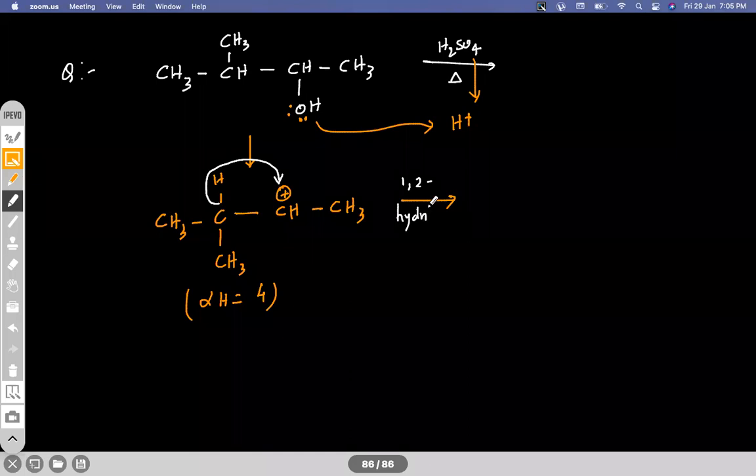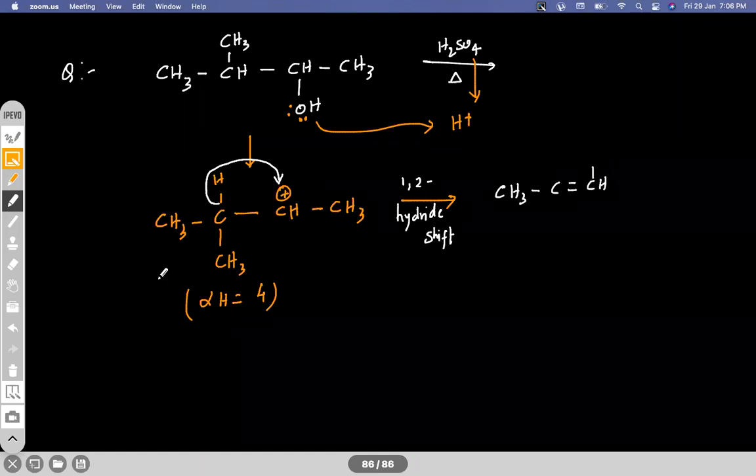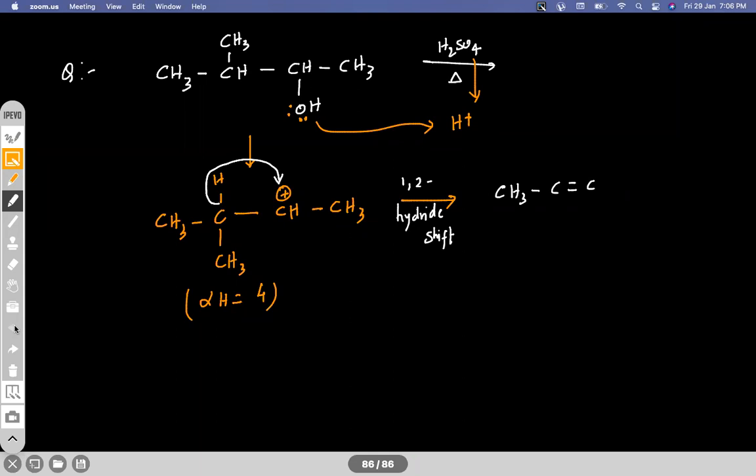1,2 hydride shift. Correct? So this would be CH3, single bond C, CH, and this one H from the adjacent carbon, CH3, CH3 here, and a positive charge on the carbon atom.